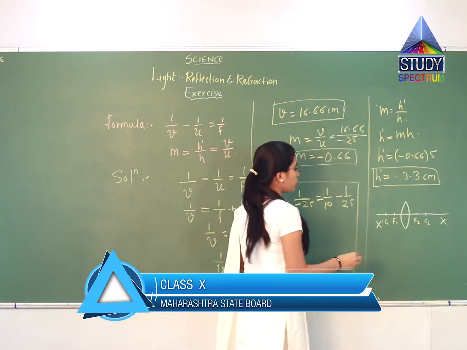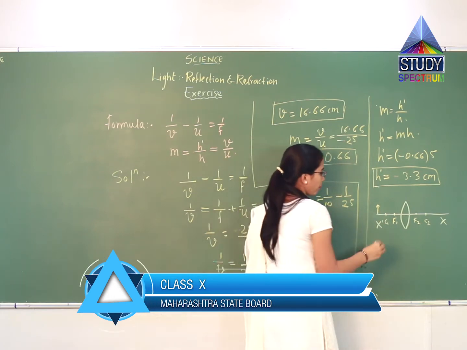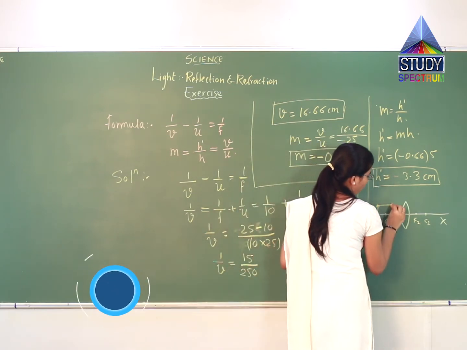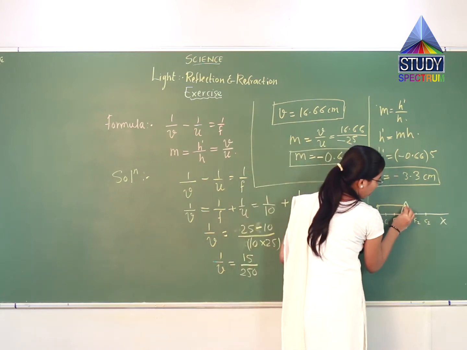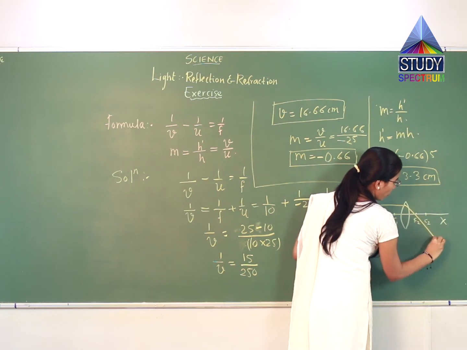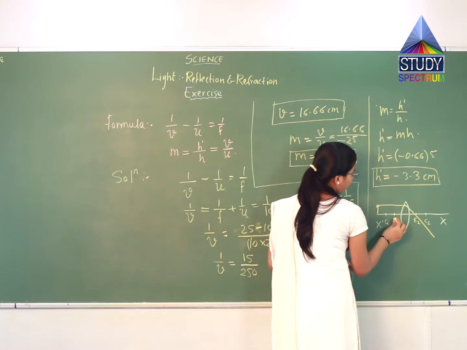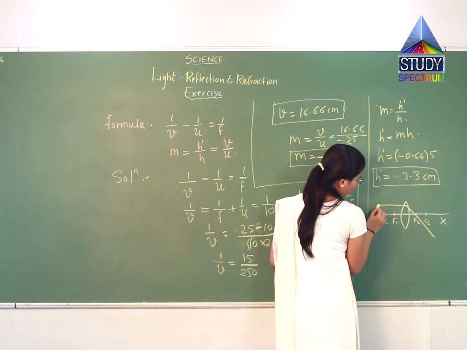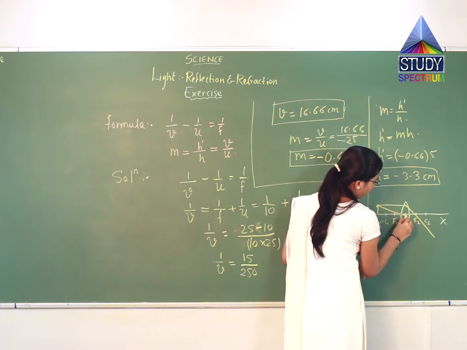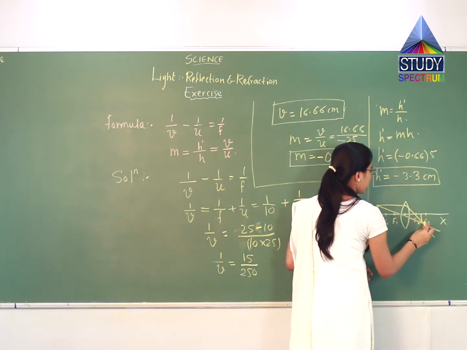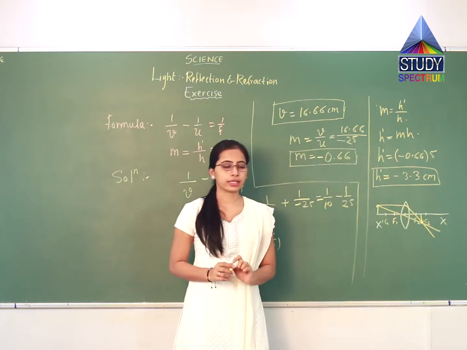Suppose I am placing the object here, you will find that the image will be formed at a point between, means here somewhere you will get the image, and definitely it will be smaller in size.